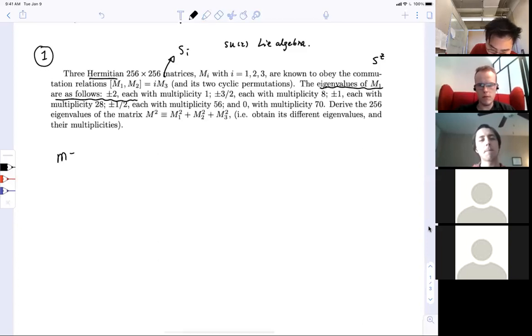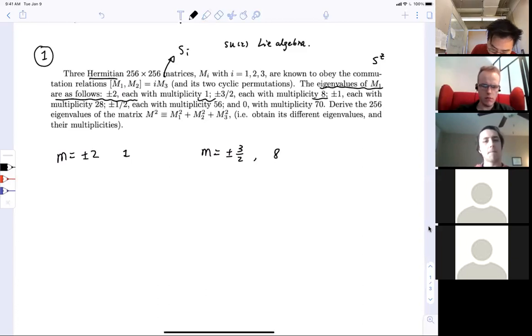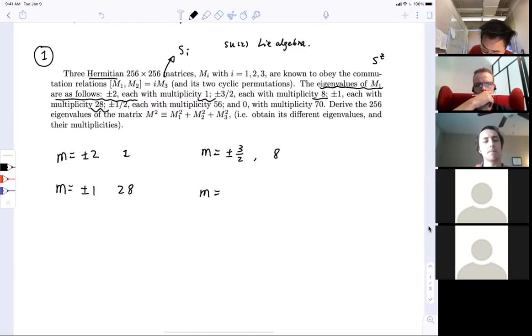First is plus or minus 2, with degeneracy 1. It also has eigenvalue plus or minus 3/2 with degeneracy 8, and plus or minus 1 with degeneracy 28, and so on and so forth.